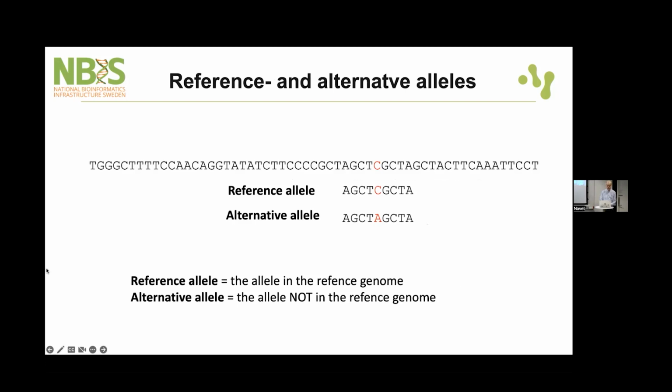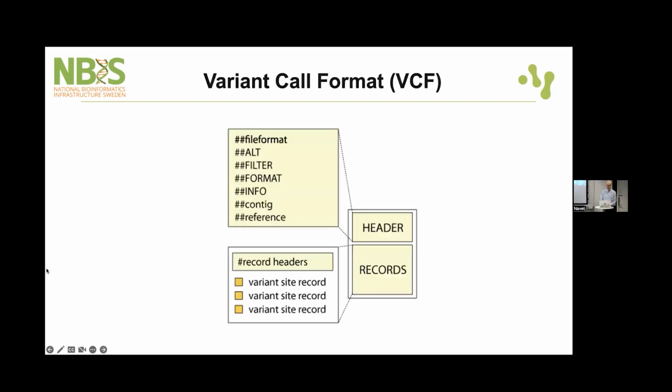We have an allele depth for the reference allele and an allele depth, the set of observations for the alternative allele. And if they are good enough for the variant caller, it will make a variant call and put in the output result, which is another text file, the variant call format text file.